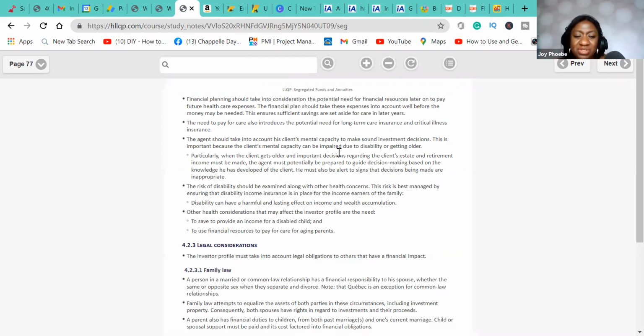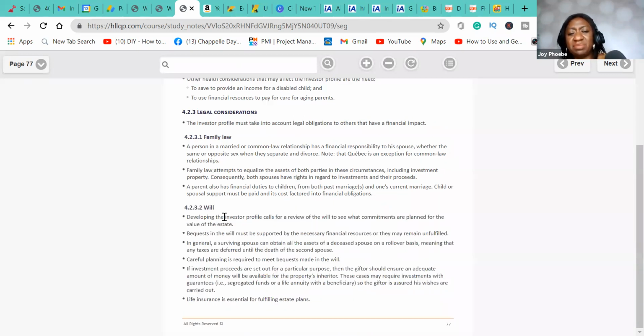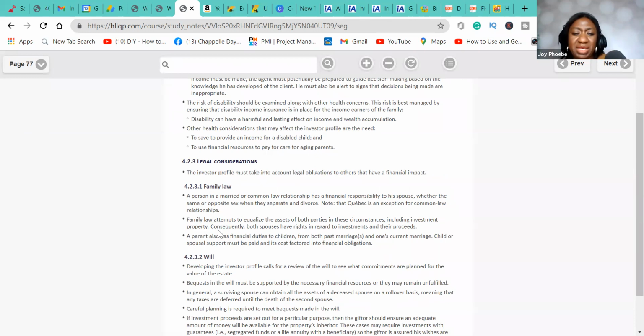Legal considerations: some investor profile must be taken into account, legal obligations to others that have financial impact. Okay. Now we also have family law. A person in a married or common law relationship has financial responsibility to his or her spouse, whether the same or opposite sex, when they separate and divorce. So yeah, all those things have to be put into consideration.